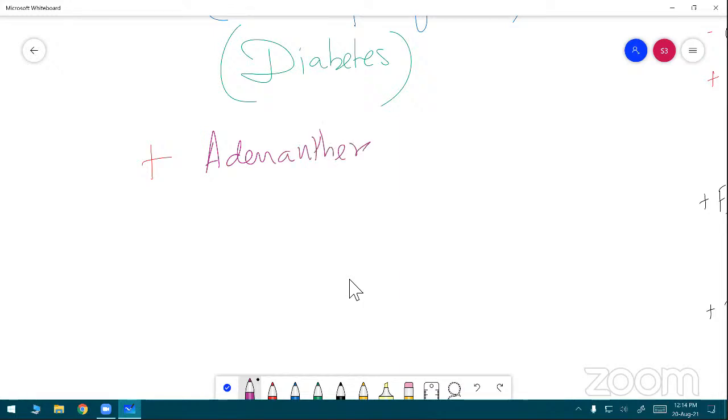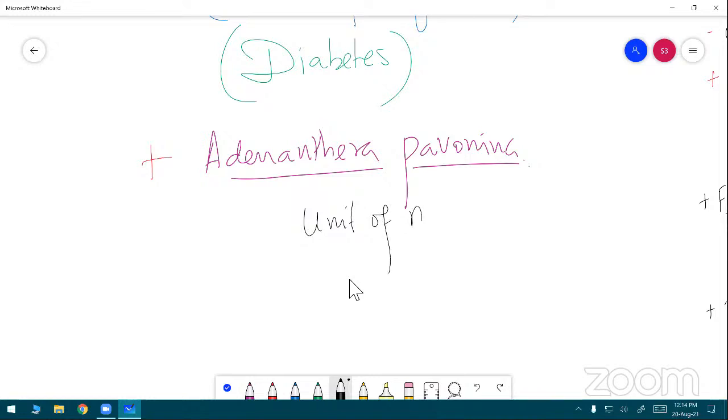Ornamental plant, Adenanthera pavonina. Actually, this is used as a unit of measures of gold weight, right? This is a very interesting area, ma.